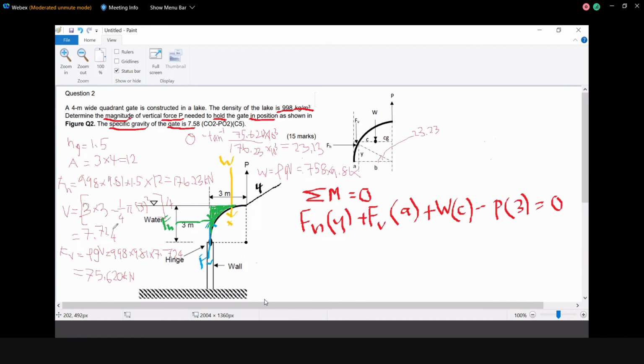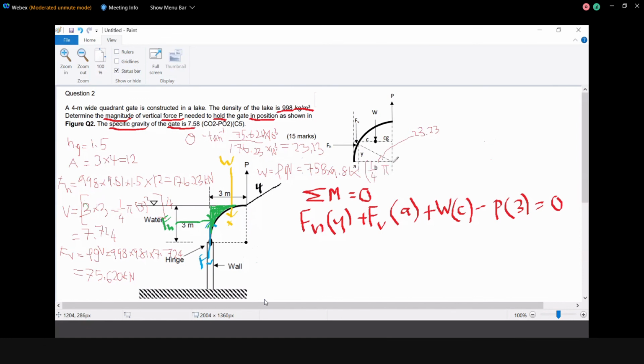So weight of the gate, 1/4 tu darab dengan 4. So weight of the gate ni tak perlu tolak petak ni. Ambil weight of the quadrant. So 1/4 ambil volume of the quadrant. Wait.